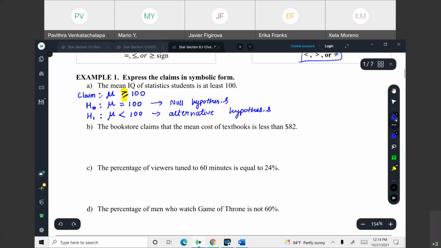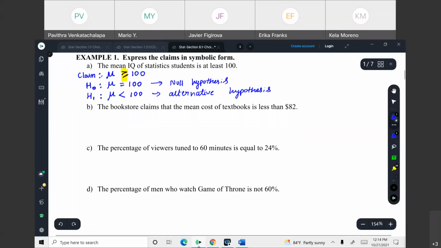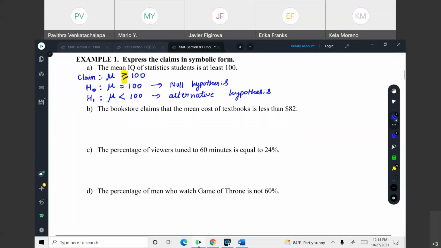Okay, very simple. Now I want you to answer B, C, and D. Similar to example A. Just write what is the claim and null hypothesis and alternative hypothesis.